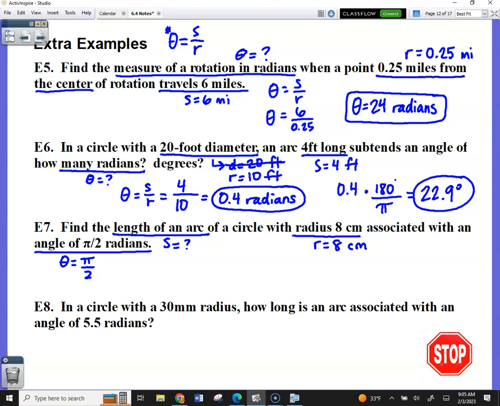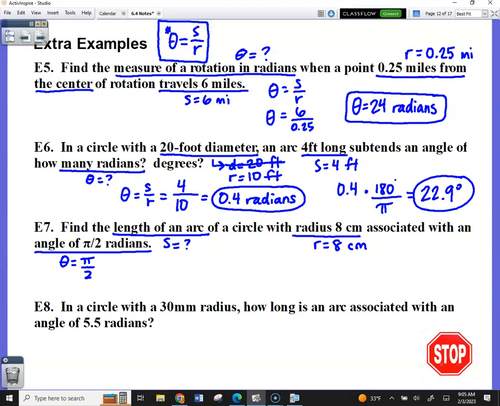Two ways to do it. One is going from the formula that we've been doing and just plug it in. You want S by itself, so you'll have to multiply that R over. Or if that makes you uncomfortable, I'm going to go up here at the top. We have theta equals S over R. This is the one you're supposed to have memorized, right?